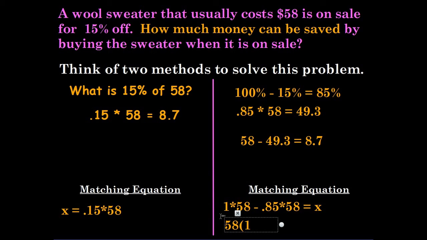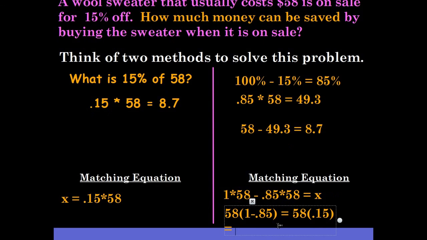And then I can have my 1 from here, keep my subtraction sign, and my 85% here. So 58 times the difference between 1 and 85%, which actually gives us 58 times 15% equals X.